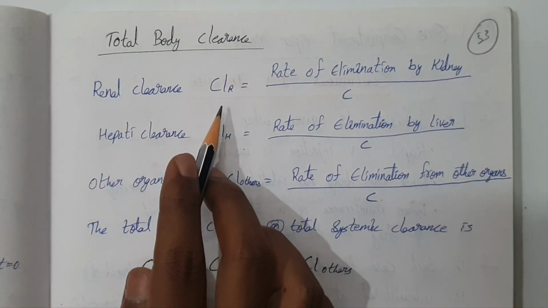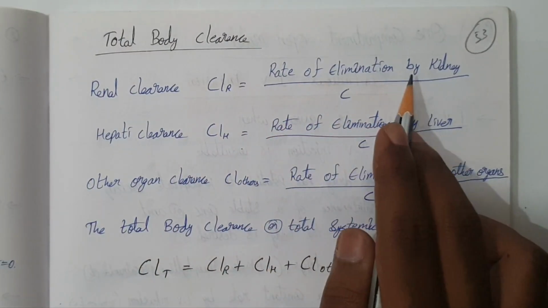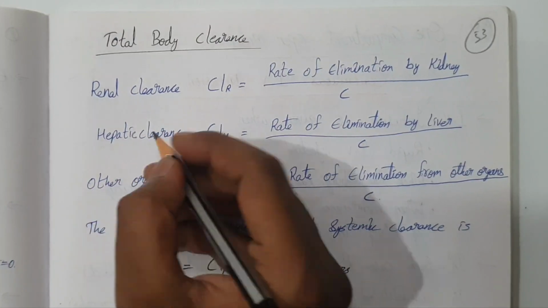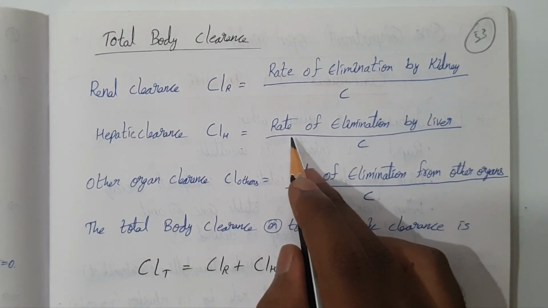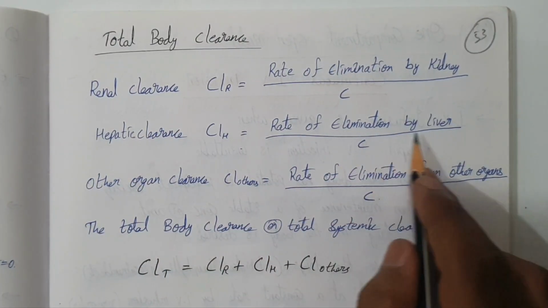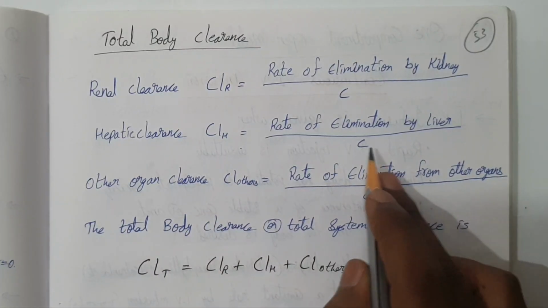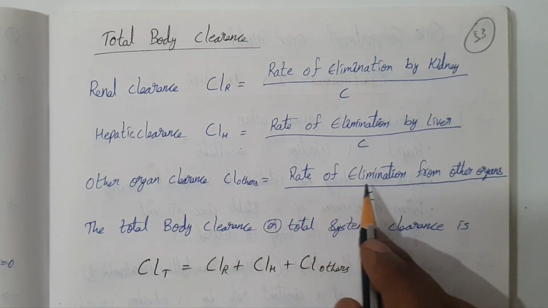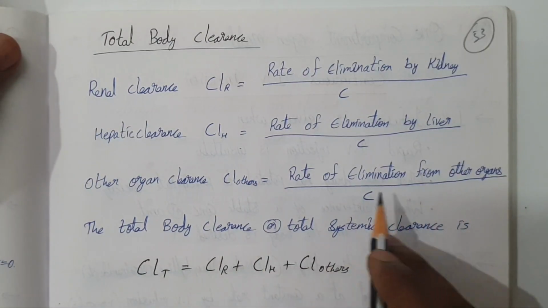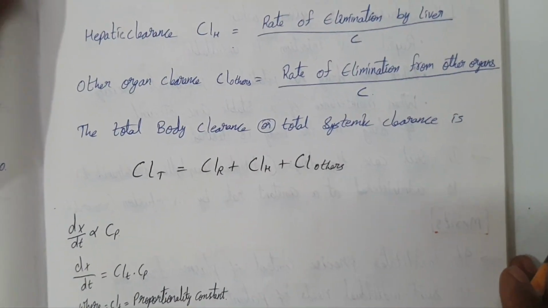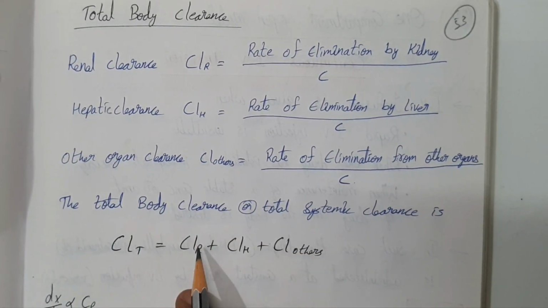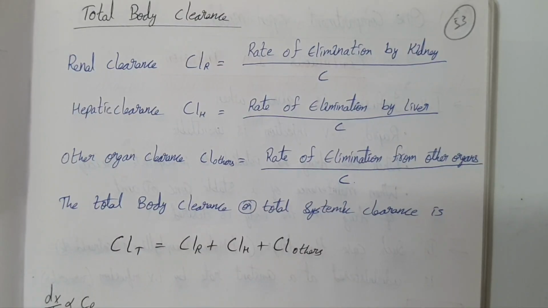Renal clearance equals rate of elimination by kidneys divided by C. Hepatic clearance equals rate of elimination by liver divided by C. And other organs clearance equals rate of elimination from other organs divided by C. So the total body clearance is ClT equals ClR plus ClH plus Cl others.